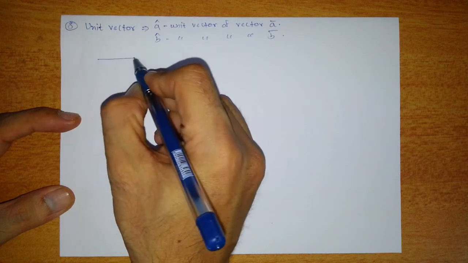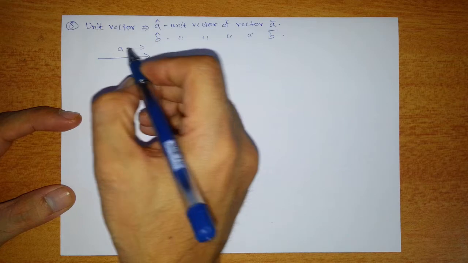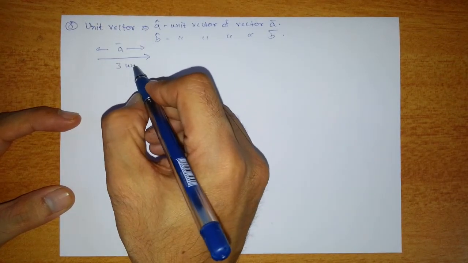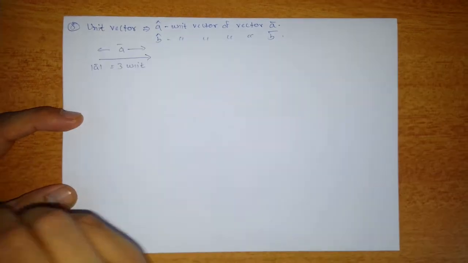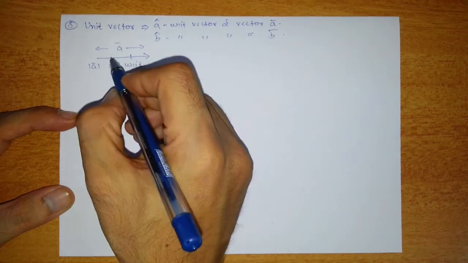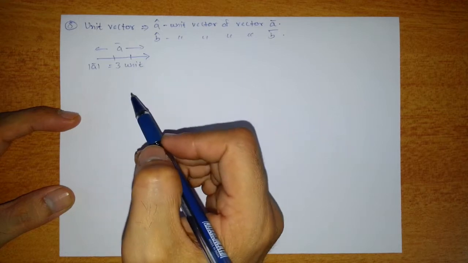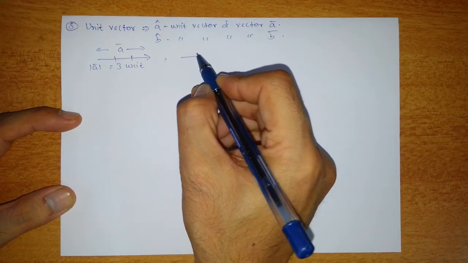Let's say this is a vector a of 3 units. 3 units is the magnitude of vector a. If I want a vector of unit magnitude, I will divide the vector a into 3 equal parts and take a single part of it.